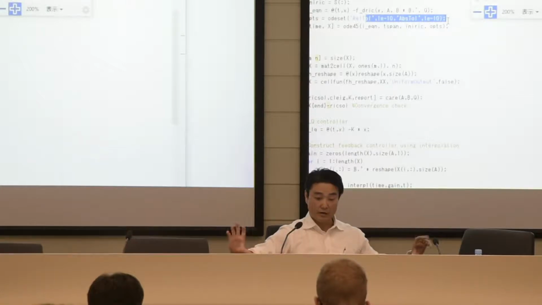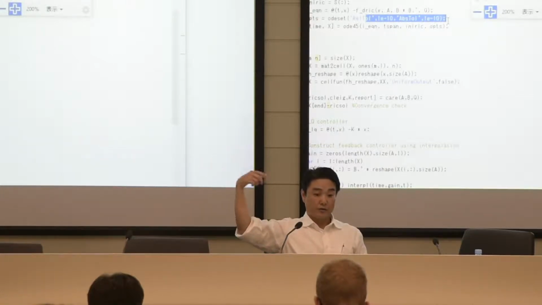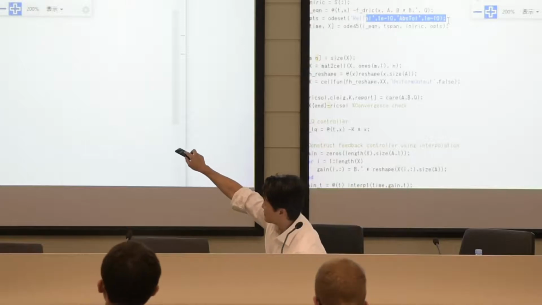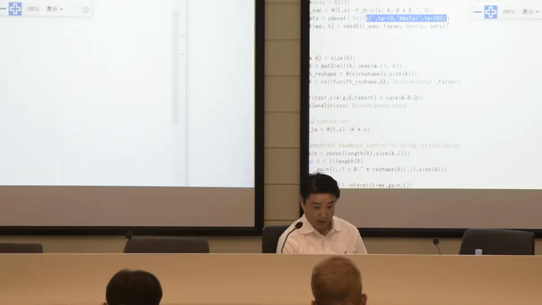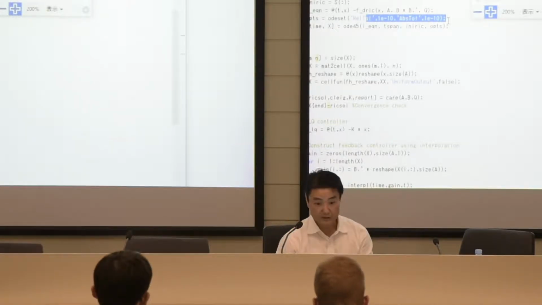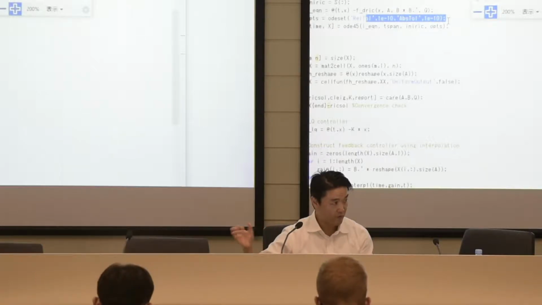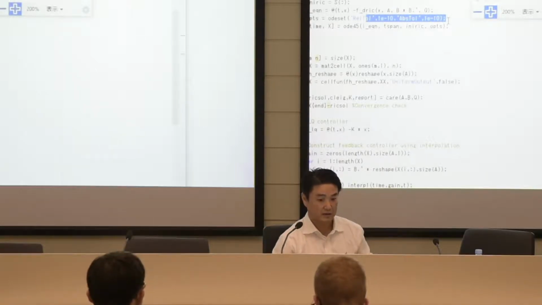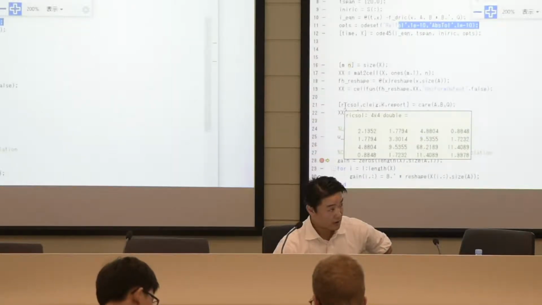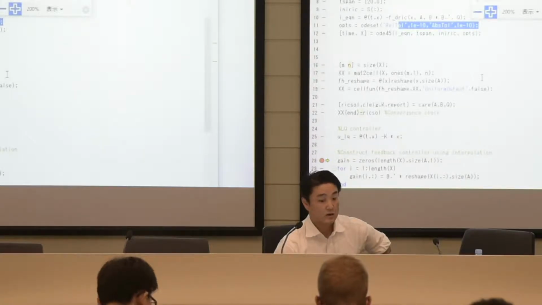I just wrote the right-hand side and threw this into ODE45. Its accuracy is quite good, 1 to the minus 10. Otherwise, it doesn't really converge. So differential Riccati equation convergence is not that fast to the algebraic one. And the time horizon you need to see this convergence is very long? Quite long, yeah.